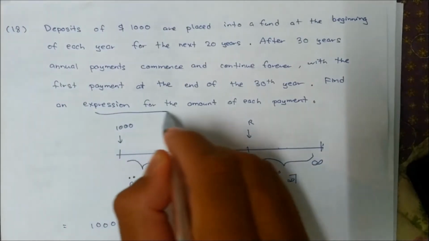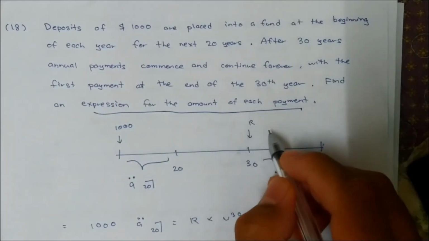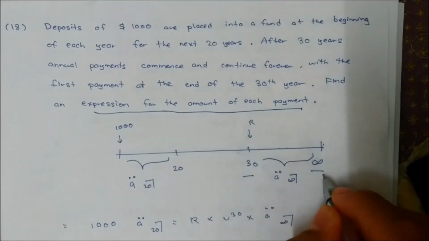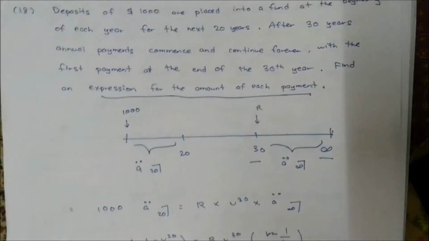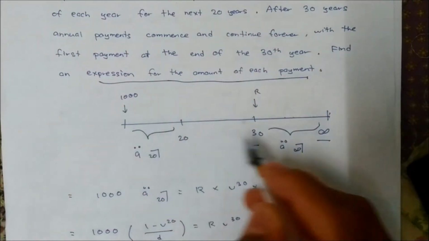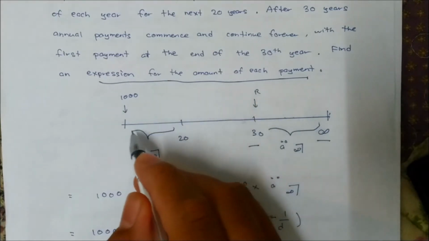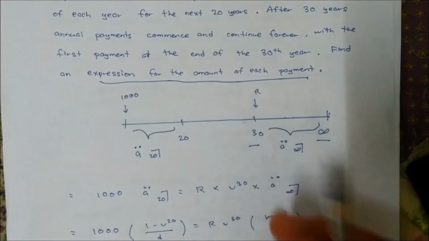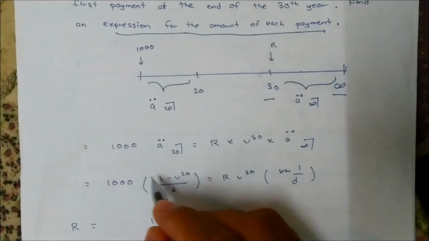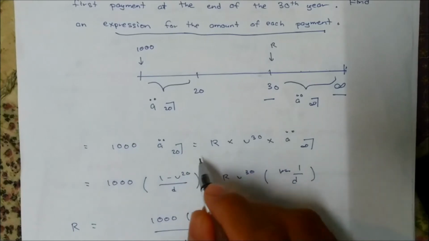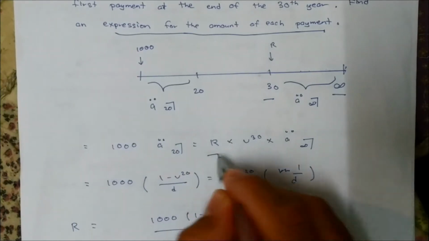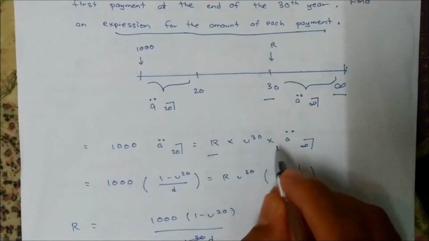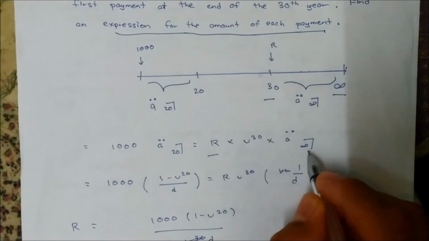Okay, the expression for the amount of each payment actually refers to the payment from the 30th year onwards, which we don't know yet. Since both of the annuities share the same present value here, our equation is going to be 1000 times A double dot angle 20 equals R, which is the annual payment, times V^30 times A double dot angle infinity.